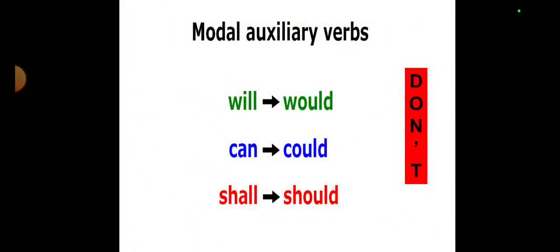Now one more thing that you have to keep into consideration, it is do not get confused while changing the voice of modal verbs. You can't go in this way, like changing the verb will into would, can into could, shall into should. It will be wrong, okay?